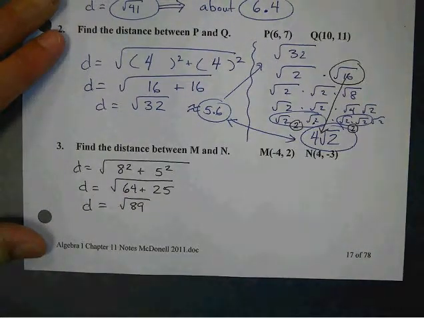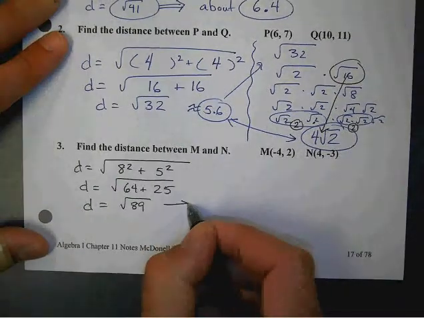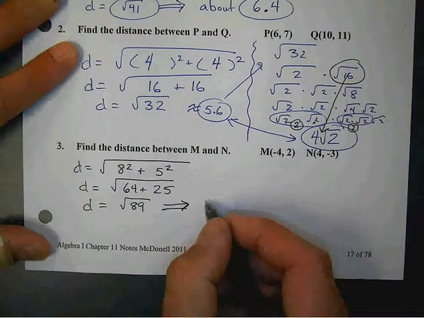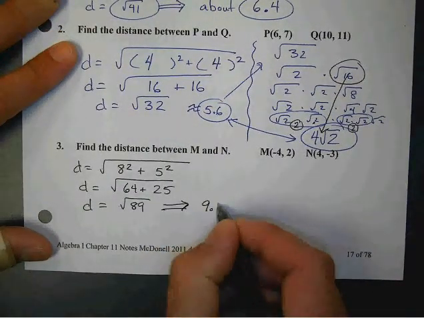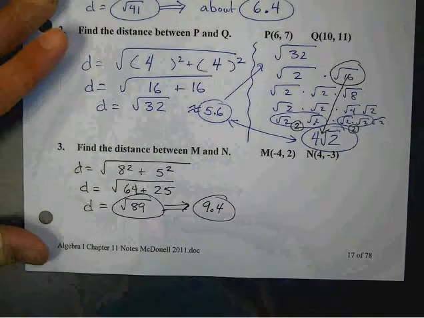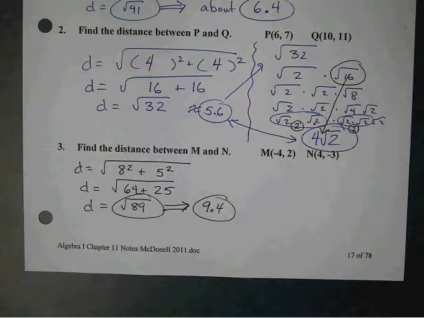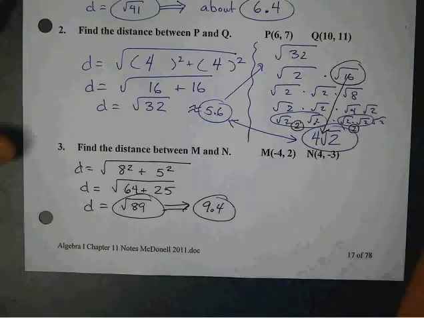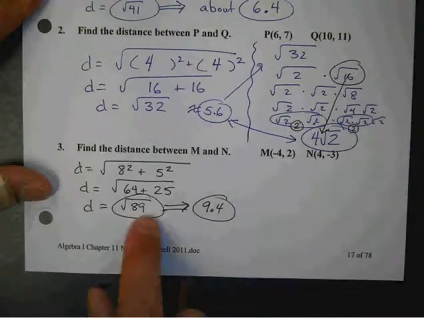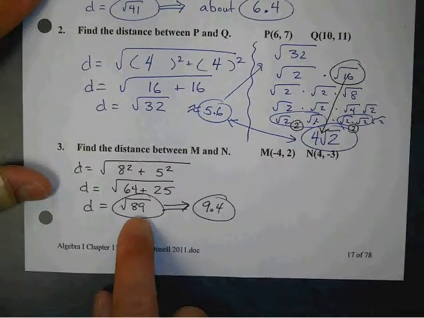89 does not break down. So, approximation? 9.4. They're both valid answers. Zach? Well, I know 89 does not divide by 2, or by 3, or by 5.